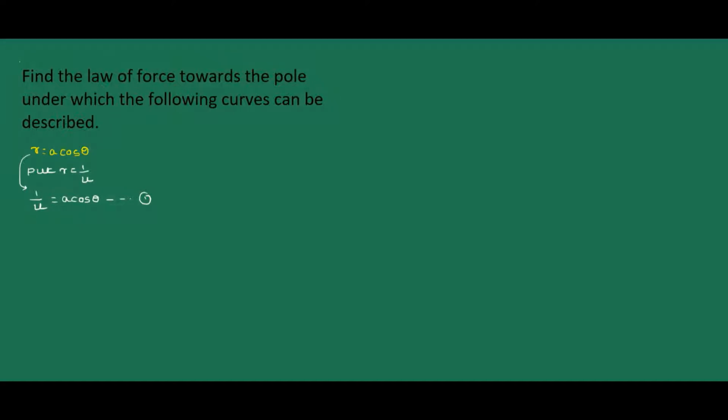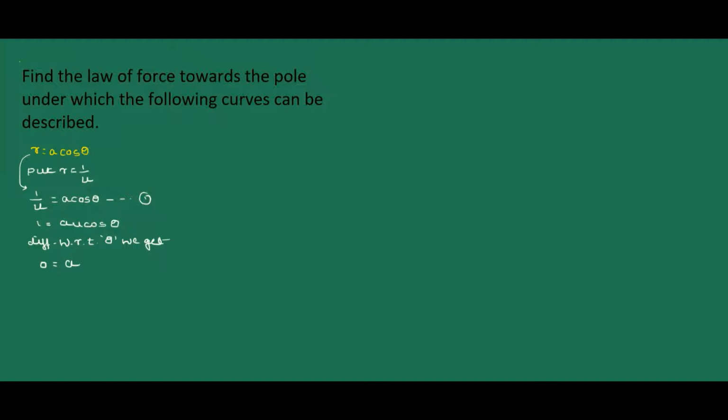So now here 1 is equal to a u cos theta. If you differentiate with respect to theta, we get, differentiation of 1 is equal to 0.